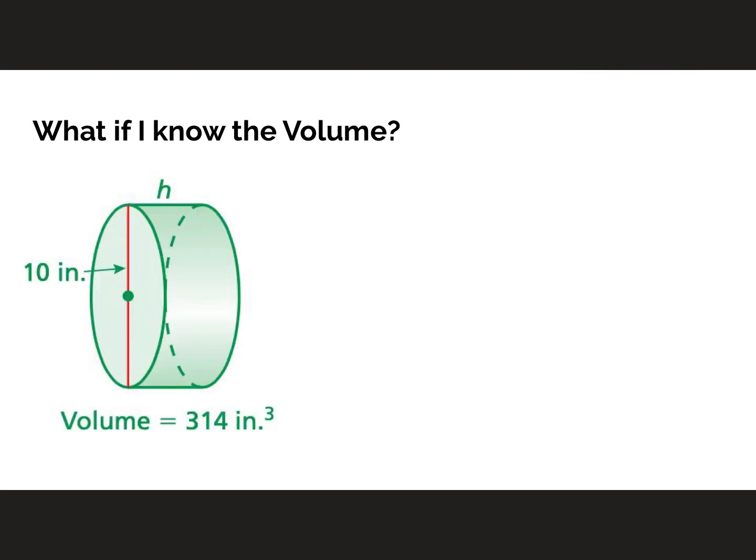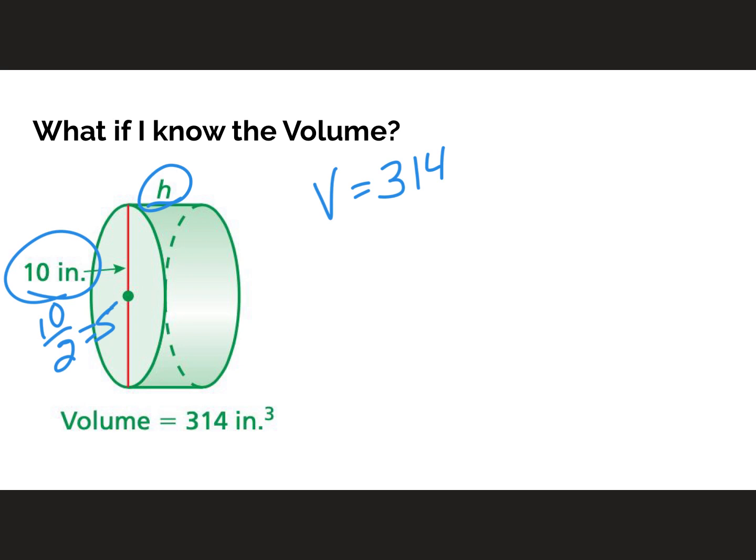Well, here again, I don't know the height. I know my volume is 314. Again, they've given me my diameter. So 10 divided by 2 is going to give me 5 for my radius. So 314 equals pi times 5 squared, which is 25, times the height.